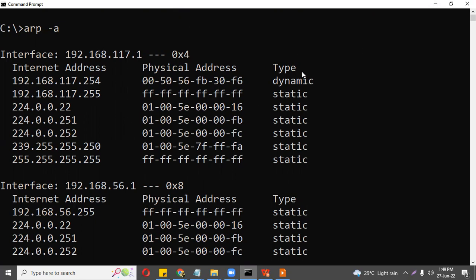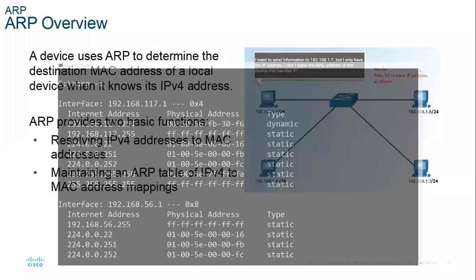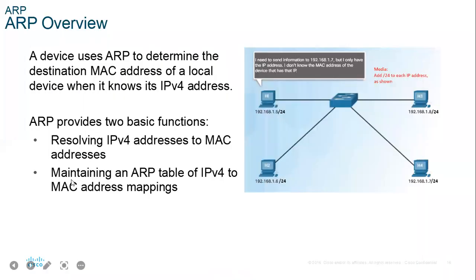And it's going to tell me whether that is dynamic, from a working DHCP server, or whether it's just an assigned static IP address, right? So this is what you call your ARP table. Very, very important. It keeps track of that and maintains that table that maps the IP address to the MAC address.